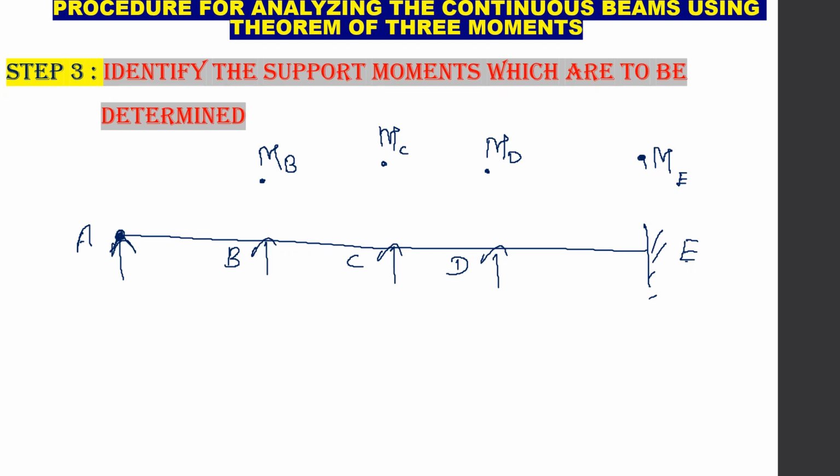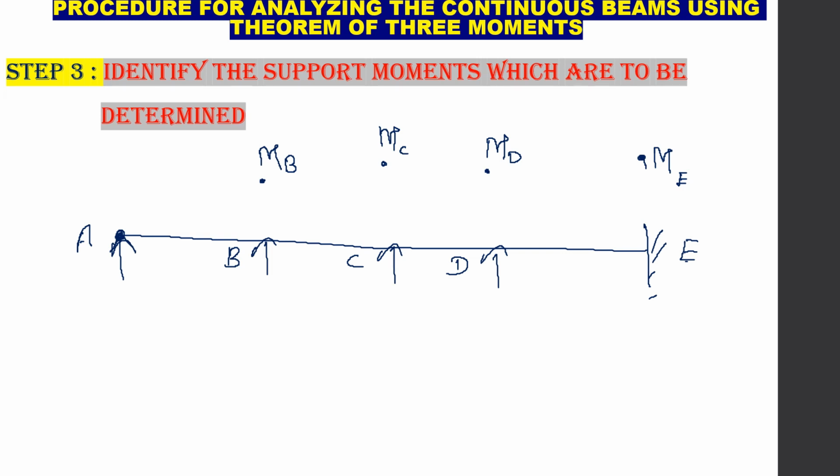This is how you identify the support moments. I repeat, all the intermediate supports will have support moments. B, C and D are intermediate supports, so we will have support moments MB, MC and MD.